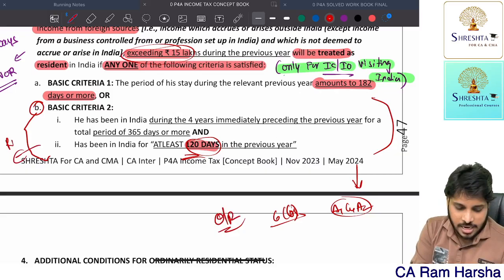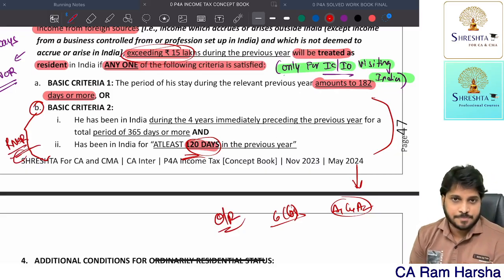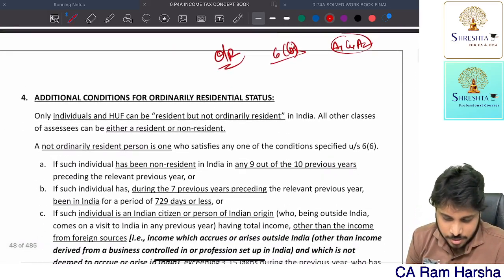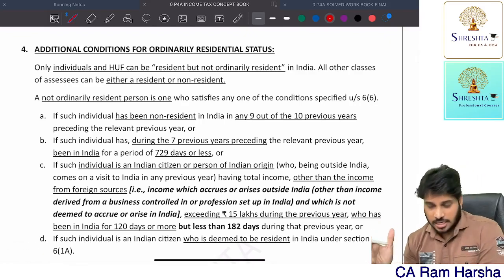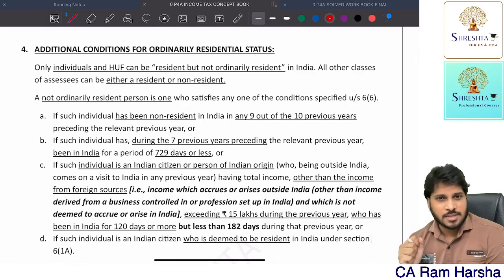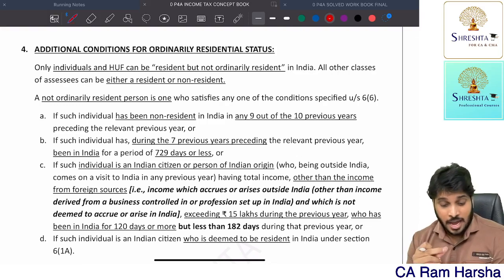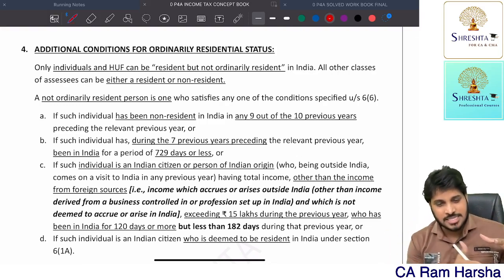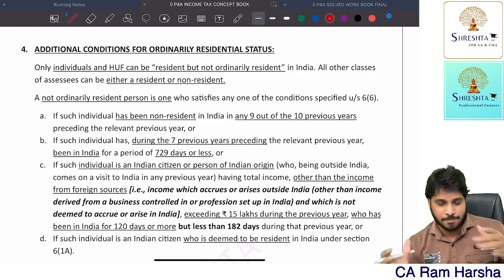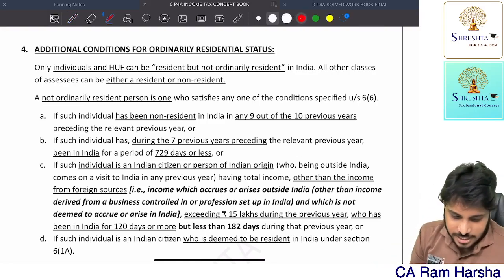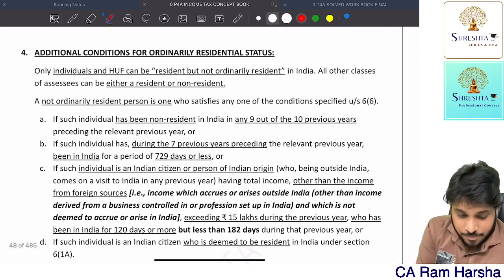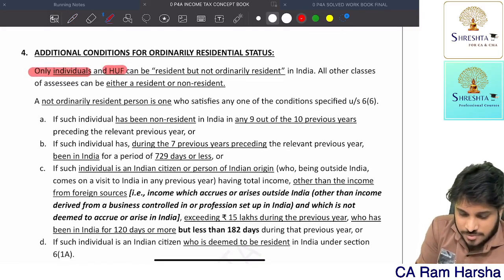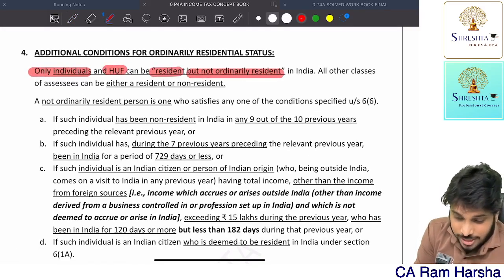We will straight away classify him as RNOR. Again, I'll be taking a revision class, so probably next month, I'll be uploading it. At that time, I will revise them very quickly. Now, since it's an original, regular class, we will be discussing in a little more depth. Now, additional conditions. What are the additional conditions? Only individuals and HUFs can be resident but not ordinarily resident. Correct?